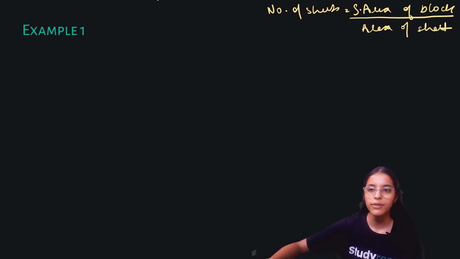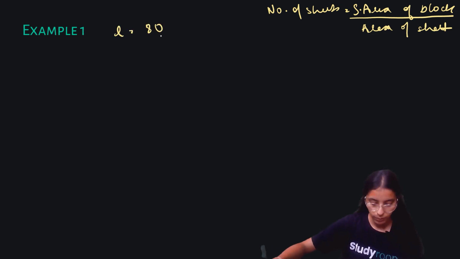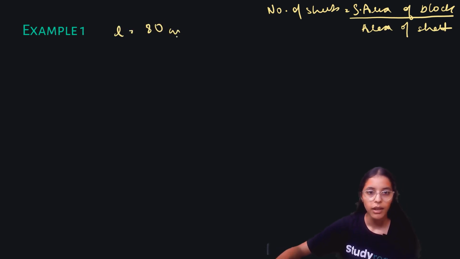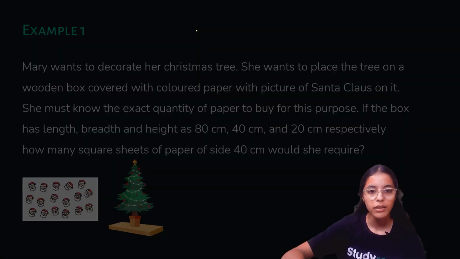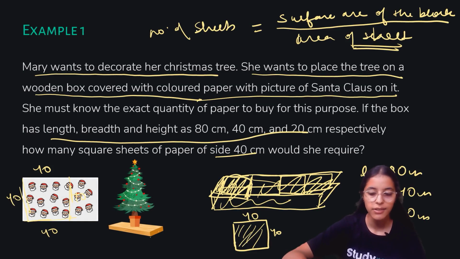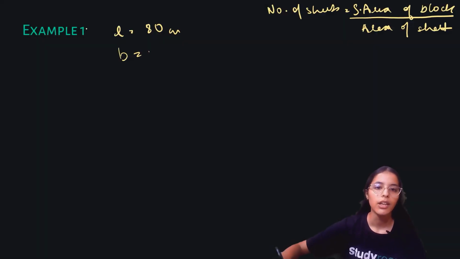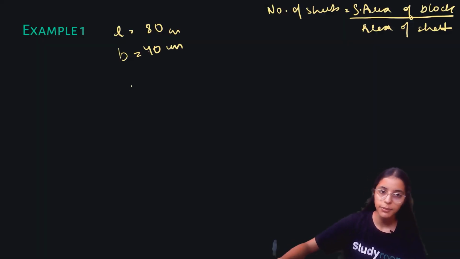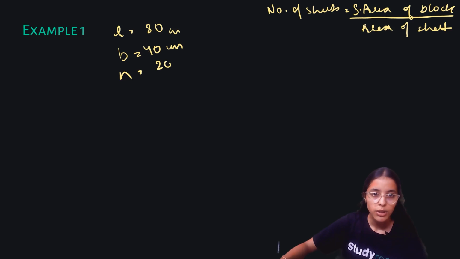So let us find out the surface area of the block. Length is given as 80 centimeters, breadth is given as 40 centimeters, and height is given as 20 centimeters.